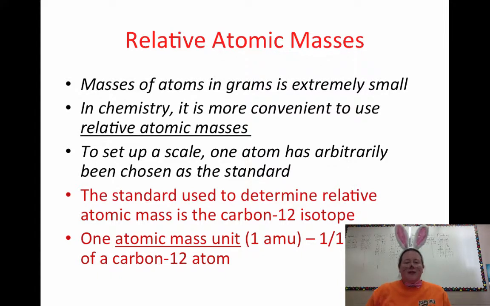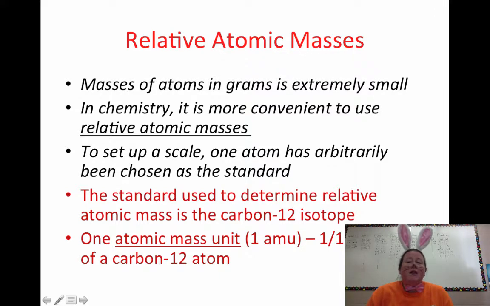As I was saying, the masses of atoms in grams is extremely small. So it's more convenient to use relative atomic masses. So they actually had to design a scale, and they set it up, just like we set up the Celsius scale, just to work well for us. They had to choose one atom, and they decided to choose the carbon-12 isotope.